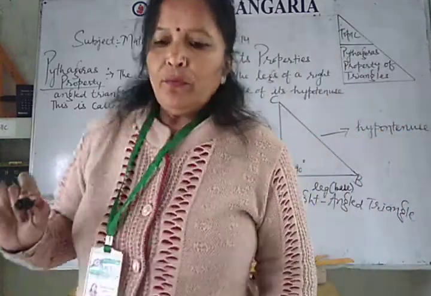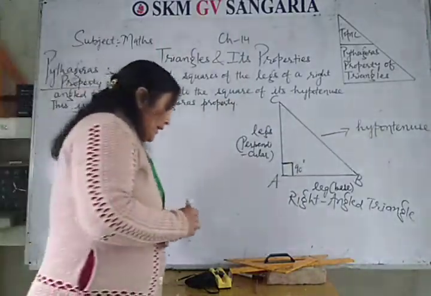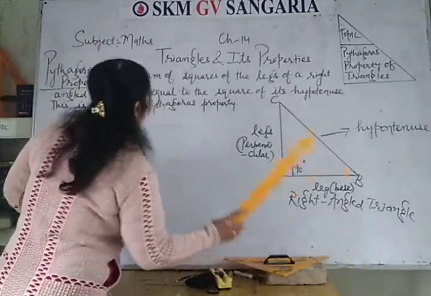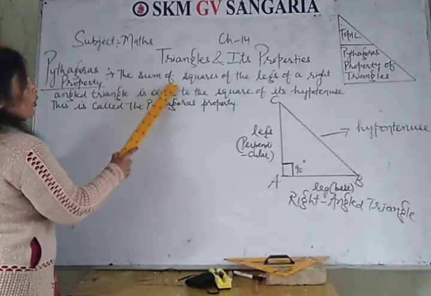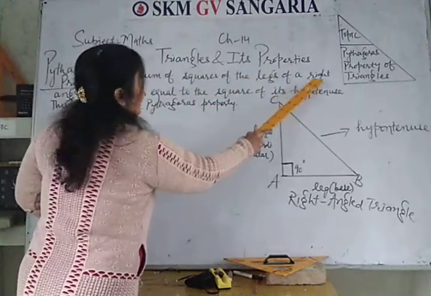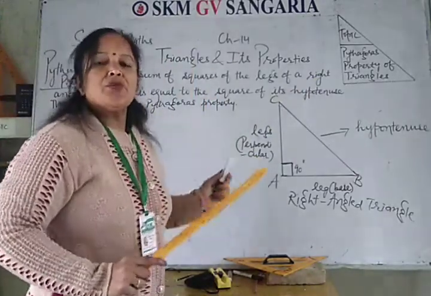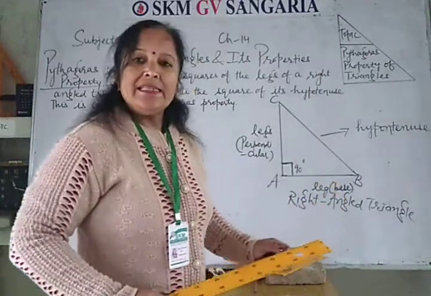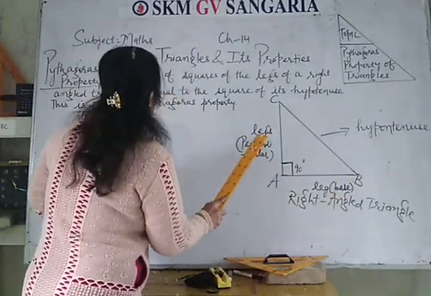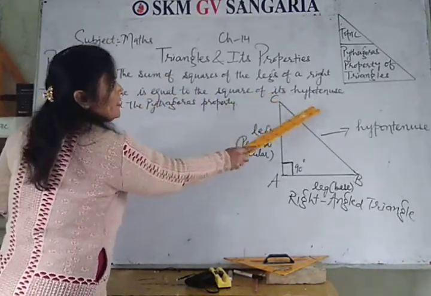So, for Pythagoras property, we say that the sum of the squares of the legs of a right angle triangle, means the sum of the squares of base and perpendicular, is equal to the square of its hypotenuse.